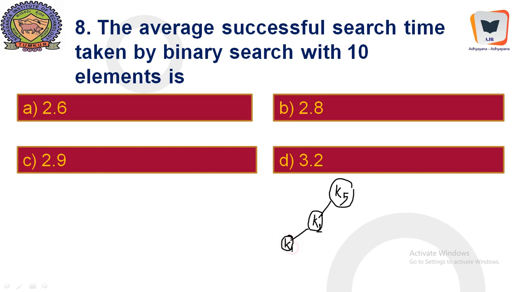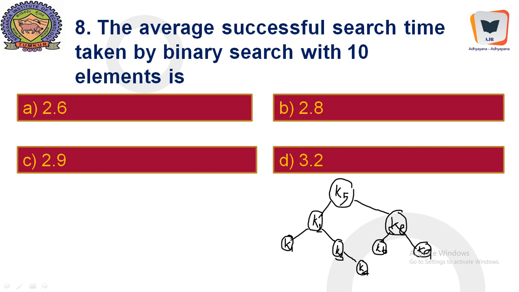Here it should be K1, that is key 1, and this is K3. And let us say there is another one, that is K4 to the right. And as far as the right subtree is concerned, it should be bigger than K5, and let us assume that it is K8. And this becomes K6. Okay, K6 and K9.